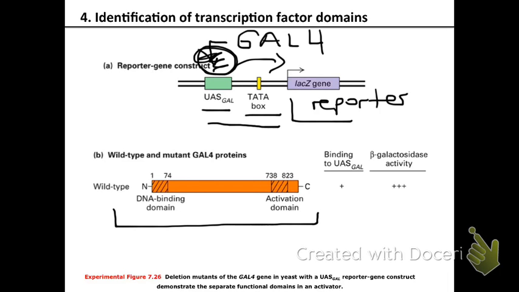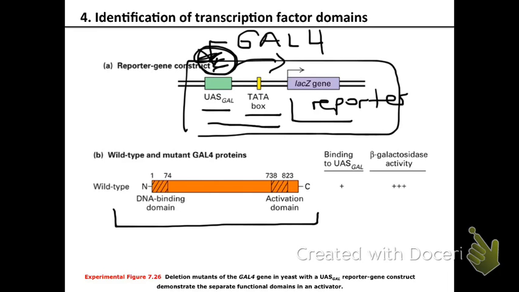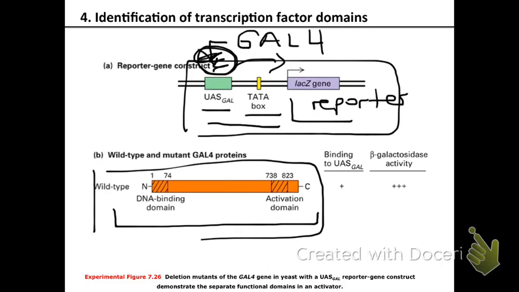So if you transfect your cells with this reporter construct, which is here, along with a construct that is going to be used to express this full-length protein, you're going to see the transcription activation.